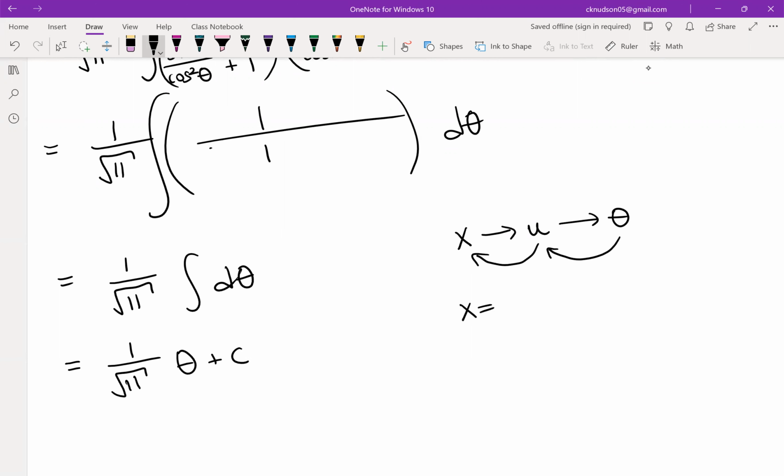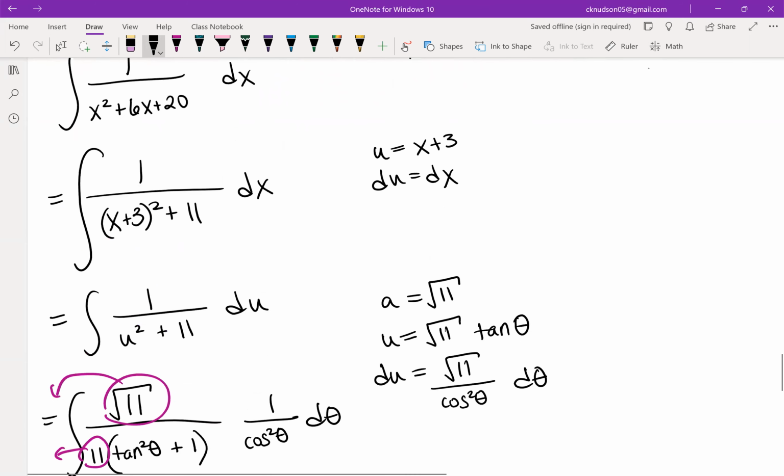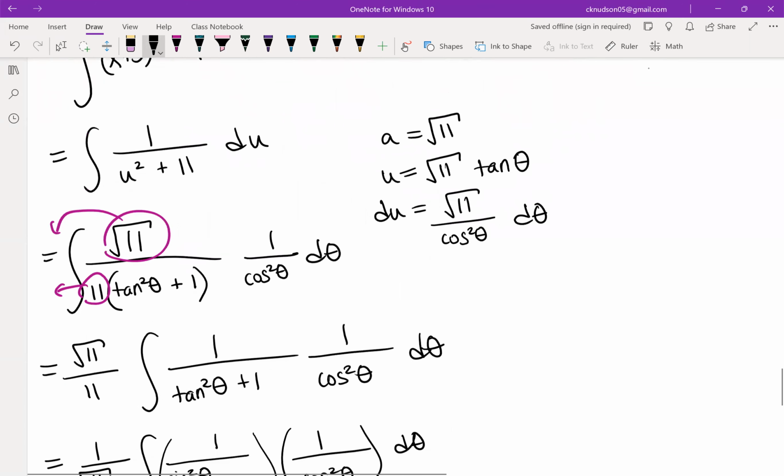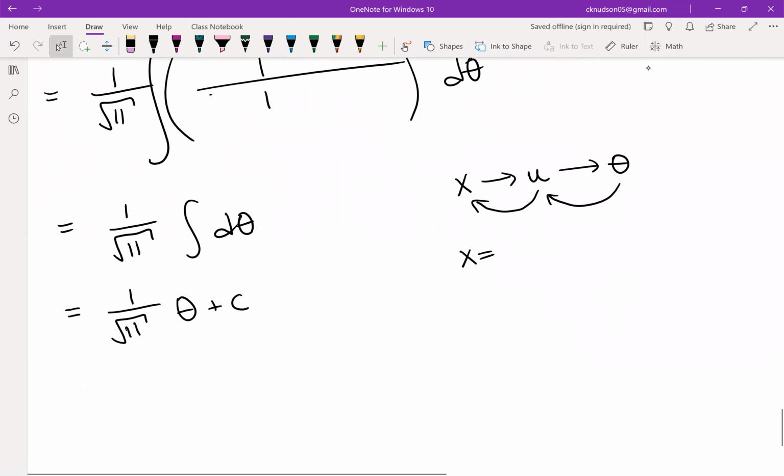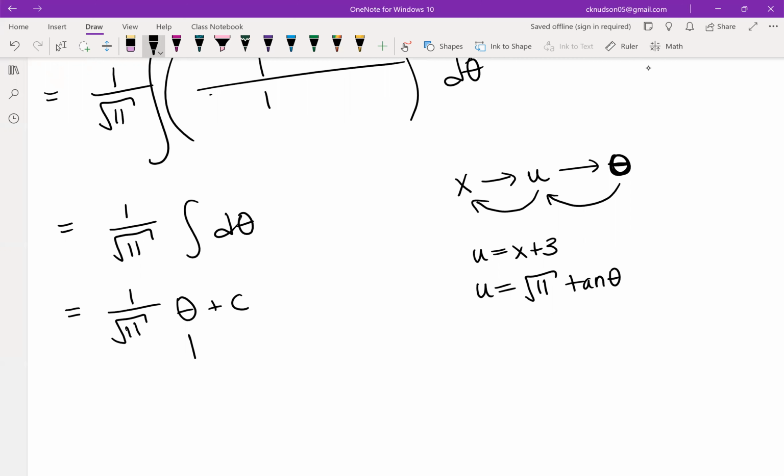So remember that u is equal to x plus 3, and u is equal to square root of 11 tan theta. So currently we're in terms of theta, so we need to go back to being in terms of u.